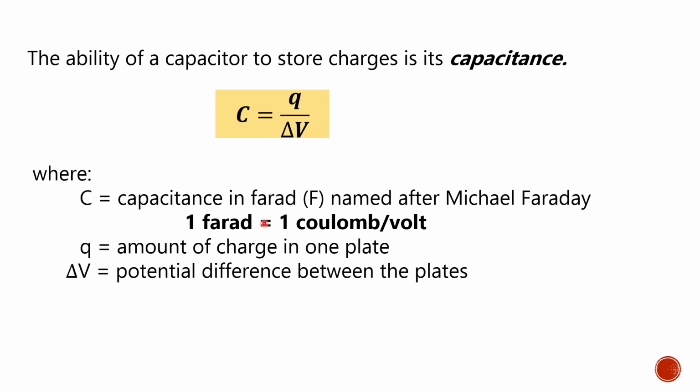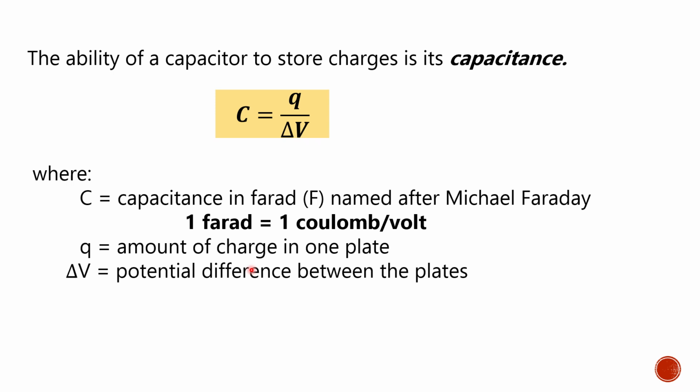So 1 farad is 1 coulomb per volt. Q is the amount of charge in one plate, and the potential difference between the plates is the denominator. In most capacitors, the microfarad or picofarad range is usually used.